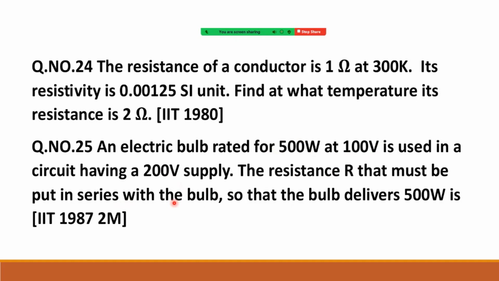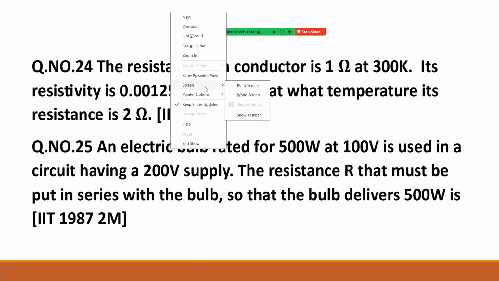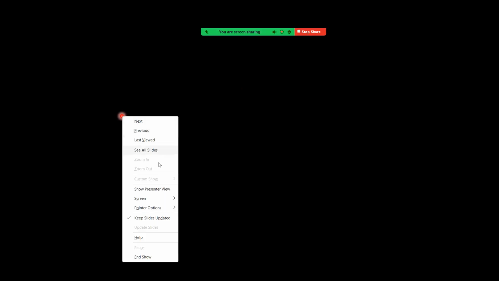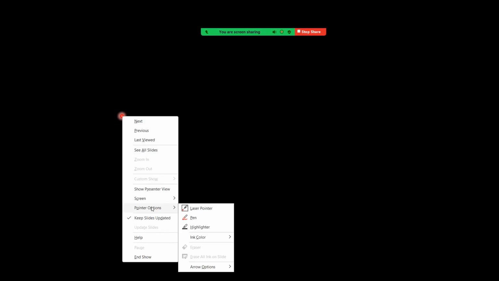So first write down the given data. Given its power 500 watt, it is at 100 volt, but we are supplying now 200 volt, right? You can take the circuit here.